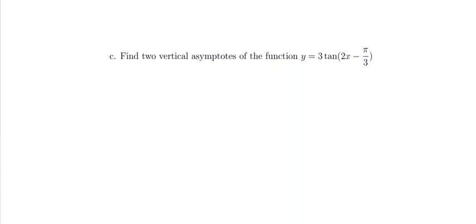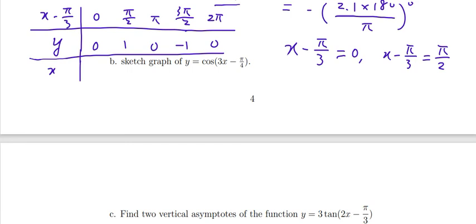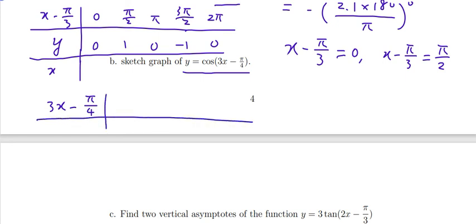Oh, I don't have enough space here, but the idea is the same. For this one, at first we see this is a cosine function, but we regard 3x minus pi over 4 as one angle.